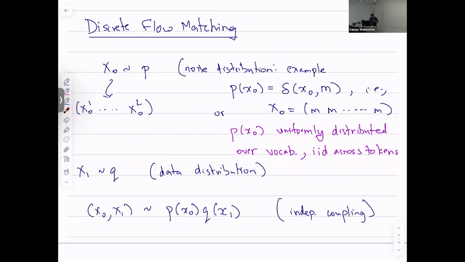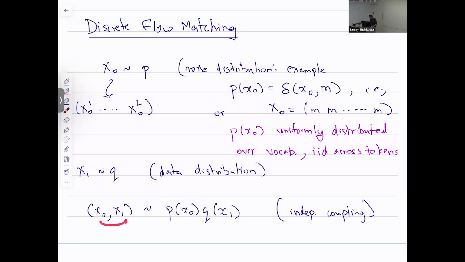So now let's get to discrete flow matching. We start with the noise distribution P. P could be either all mask, or it could be uniform over vocabulary, IID across tokens. The data distribution is there.